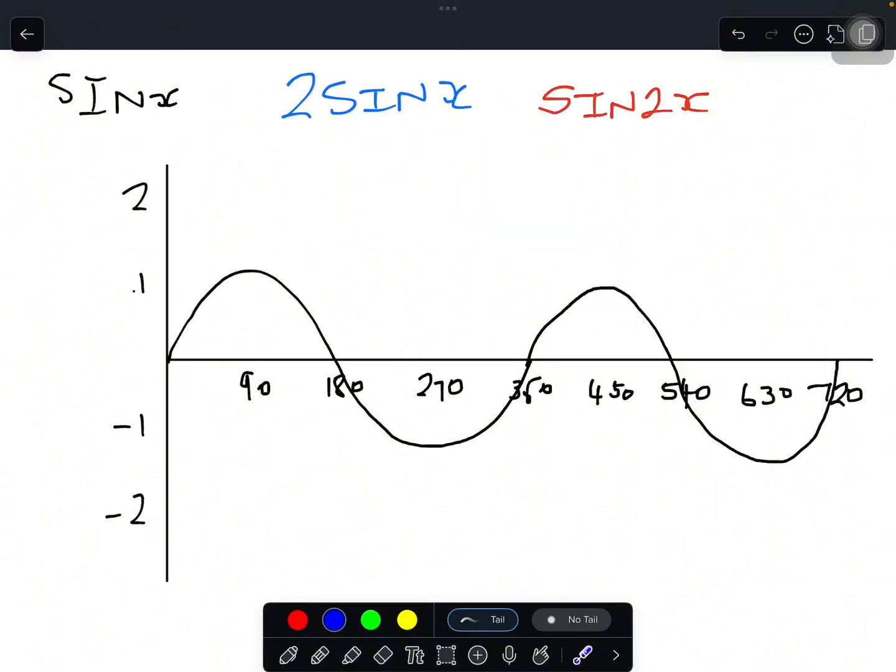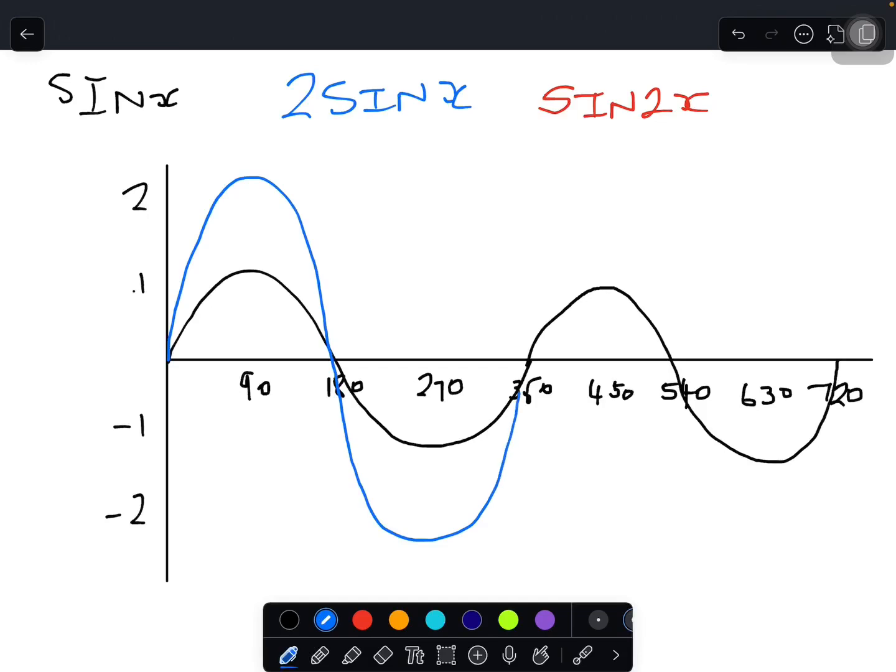Now we're going to go into the sine graph where we have 2 sine x. What does that mean? We go all the way up to 2 at 90, still cross at 180, all the way to -2 at 270, 360, 450 at 2, 540 and 0, 630 and -2, and 720 and 0.